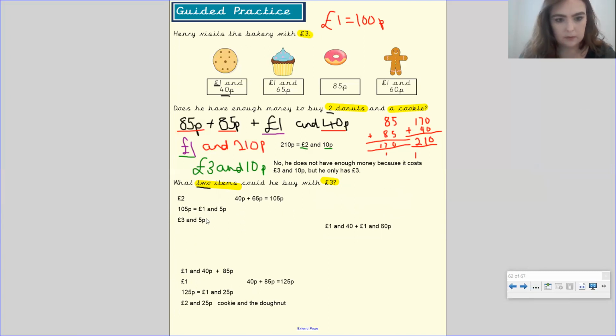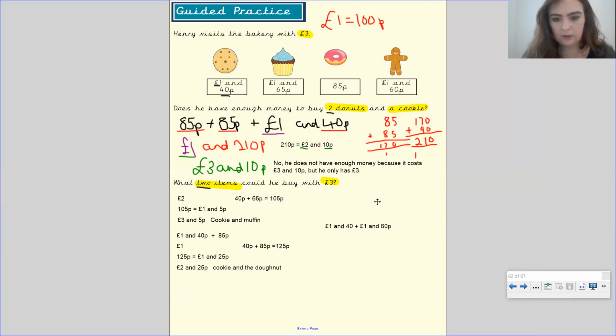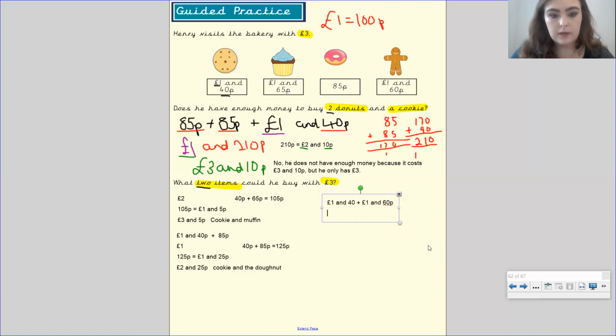Okay, so this one here, just so that we remember, was the cookie and muffin. Okay, so we've got cookie and muffin, cookie and donut, and now this is going to be the cookie and the gingerbread man. So let's add together the pounds first. So £1 add £1 gives us what? £2, well done. And now we need to add together 40 add 60.